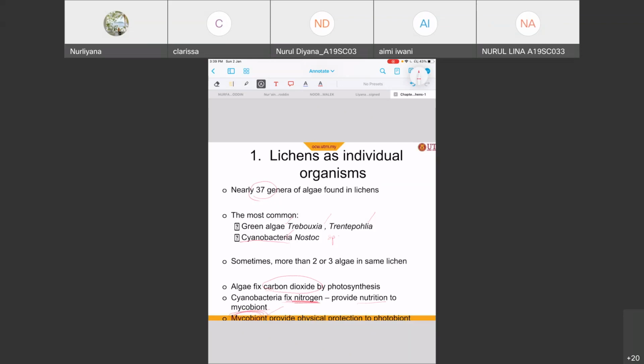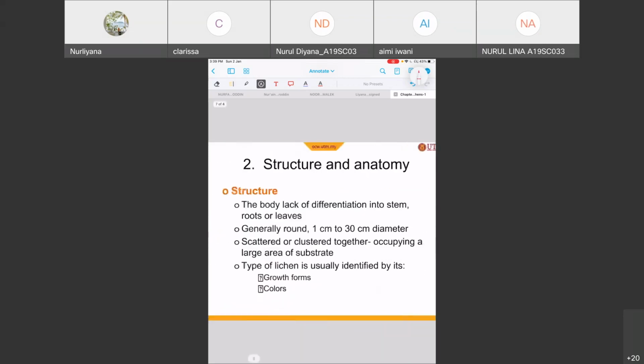Okay, so they give protection to the algae. So the algae process the food so that the fungi can get the food to grow. Okay, and the fungi provide protection to the algae.